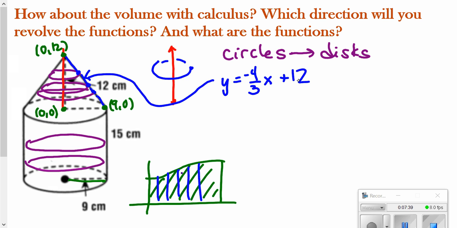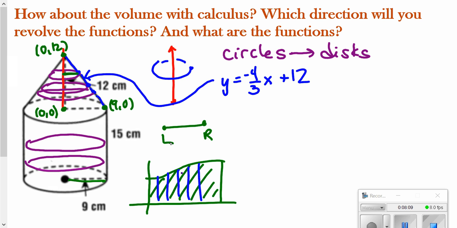And because I'm revolving in the manner that I am, my axis is vertical. This is not really going to be our focus today, but I happen to be doing this one problem this way. If your axis is vertical and you're revolving, think about where your radius is. Your radius is going horizontally. And if I want to know a horizontal distance, I need to do the right endpoint minus the left endpoint.